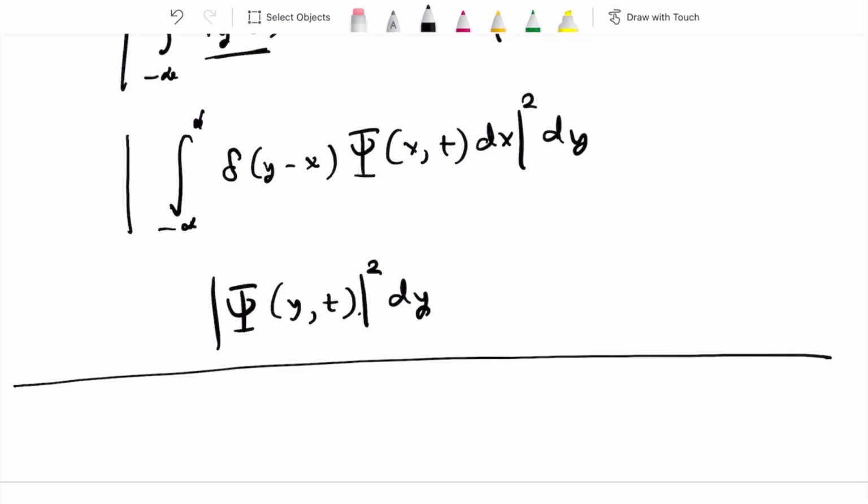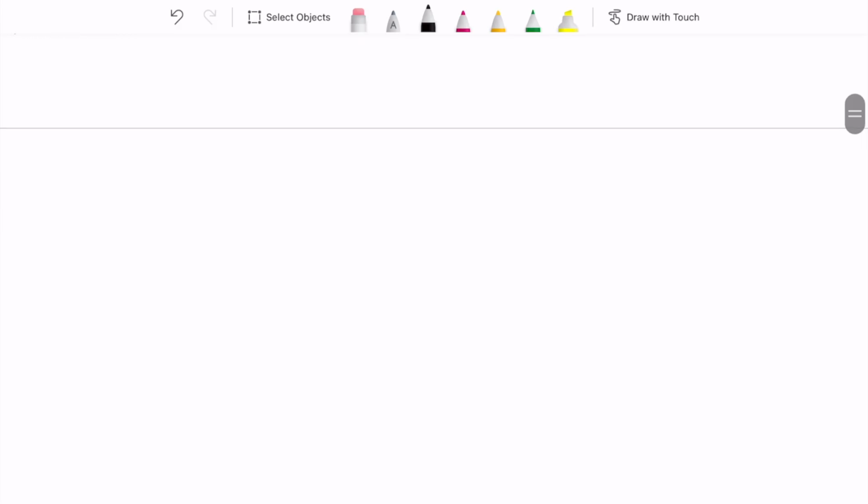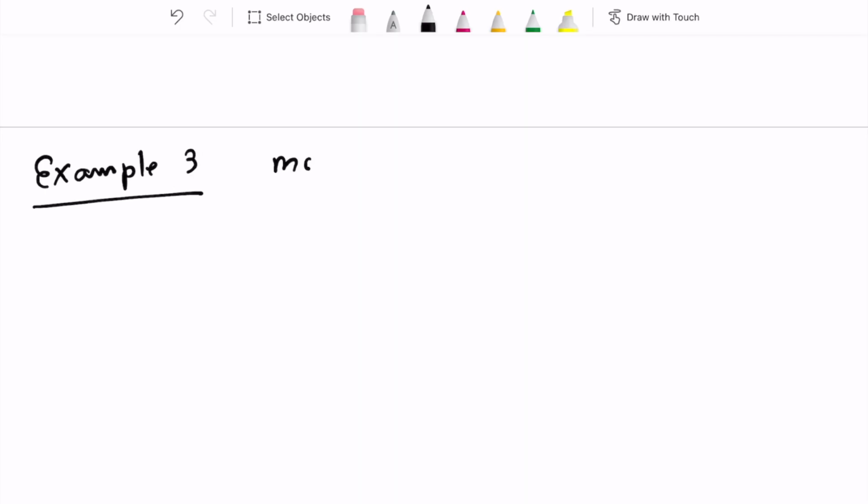Now let's do one more example. The question we are asking is, this time we are making a momentum measurement. So example 3, momentum measurement.